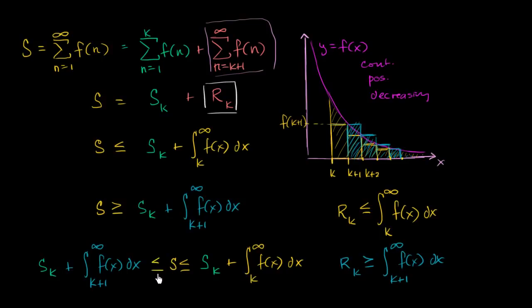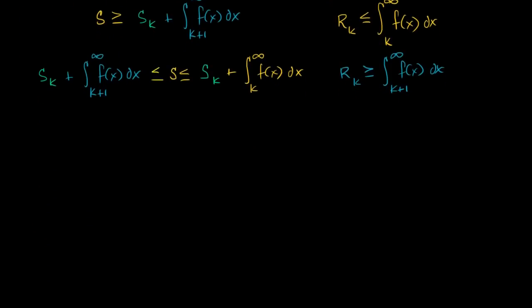And so let's see how good these are by applying it to a particular infinite series. So let's say the infinite series we want to apply it to is the sum from n equals 1 to infinity of 1 over n squared.